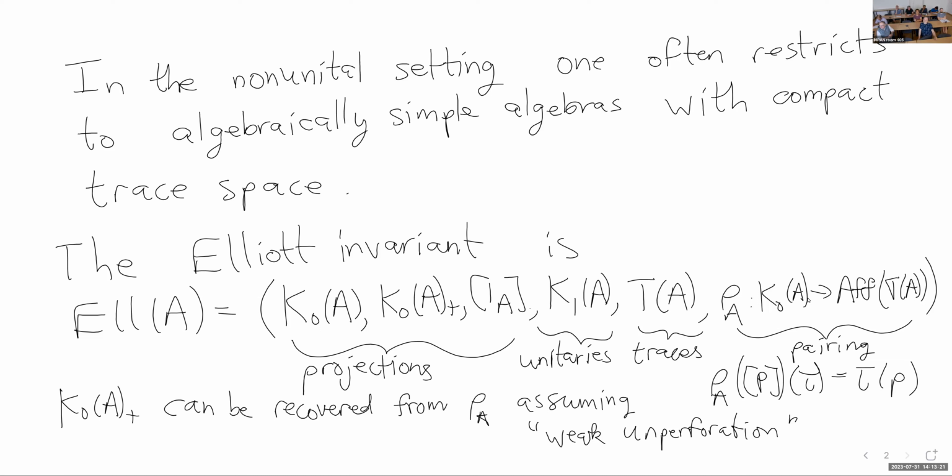Okay, so with that in mind, let me address the case where the trace space is empty. Yes, I will address this. Let me state the classification. This is due to many people. I'll just write a few names.